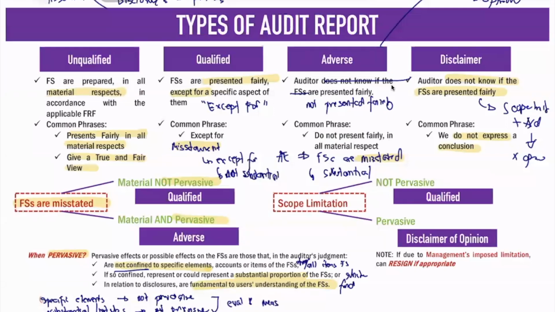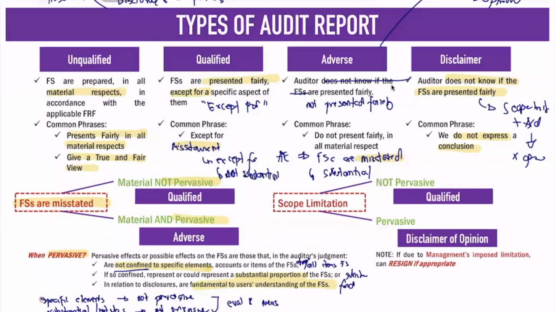Now, how about adverse and disclaimer? What differentiates it is the scope limitation. If you got the audit evidence, then you can provide an adverse opinion, if you see that the FS is really misstated. But if you do not have sufficient appropriate evidence and you cannot really conduct your audit, therefore you cannot provide an opinion, then provide a disclaimer of opinion.